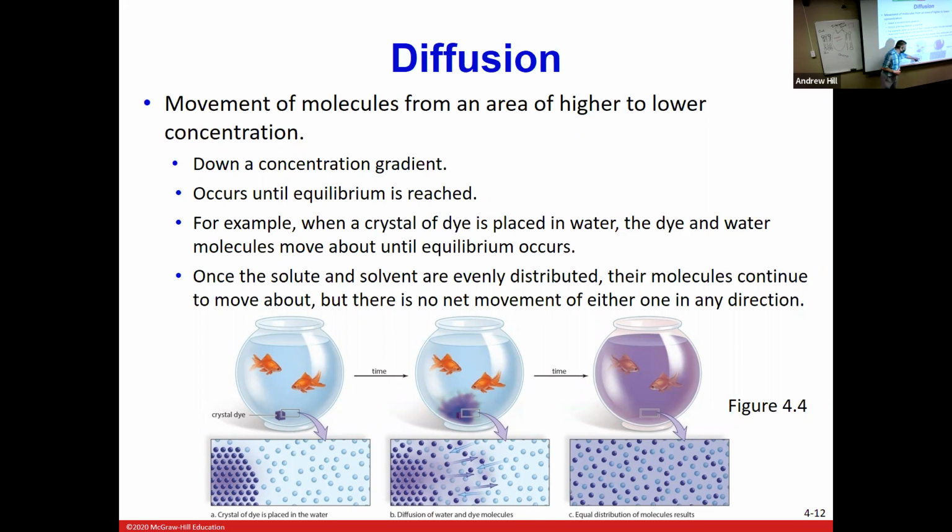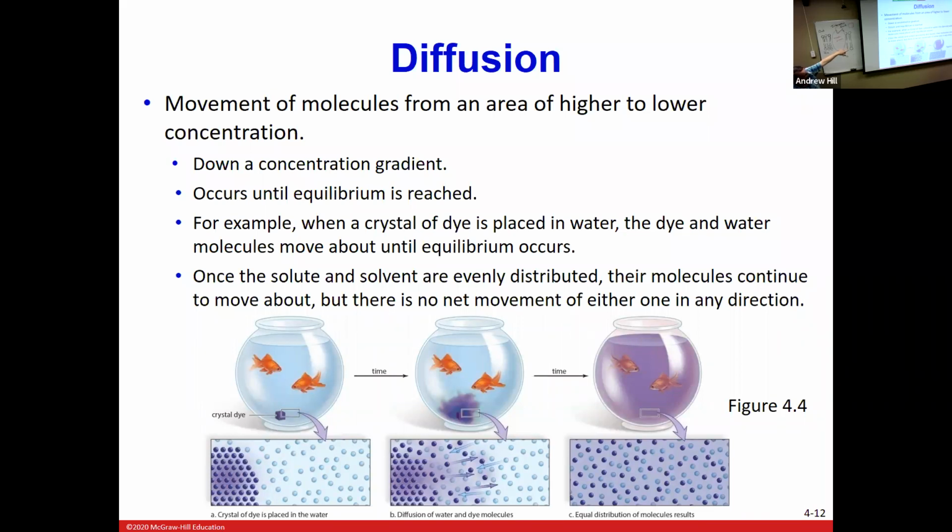So the water molecules actually move down their concentration gradient also, right? Just like any other molecule, water will move down its concentration gradient from an area of high water concentration to an area of low water concentration. Okay. All right, so each molecule will move down its own particular concentration gradient.